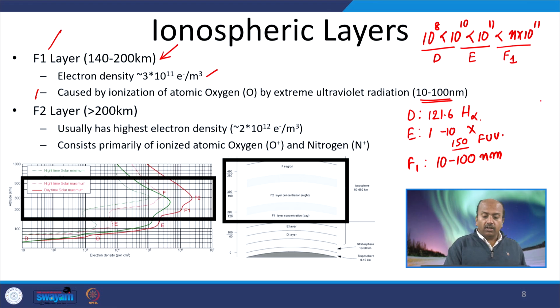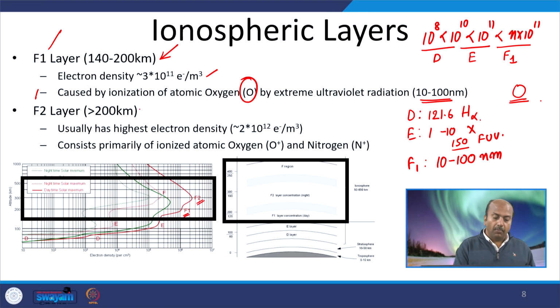The most important ionic species is atomic oxygen. Why atomic oxygen? Because atomic oxygen is formed in this region by the dissociation of molecular oxygen by the same ultraviolet radiation, right.